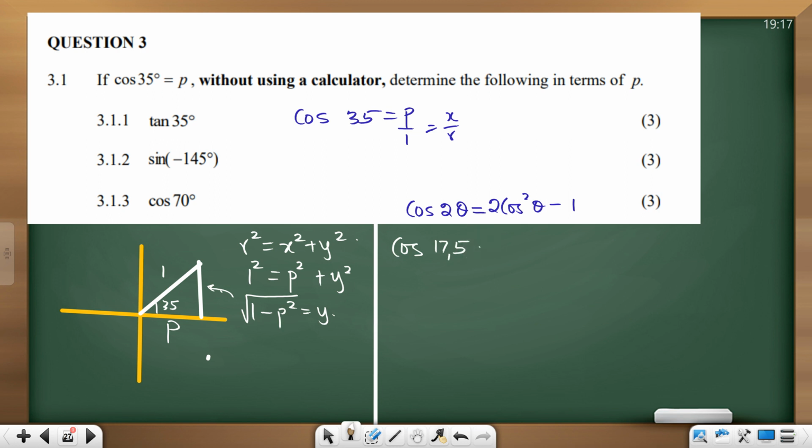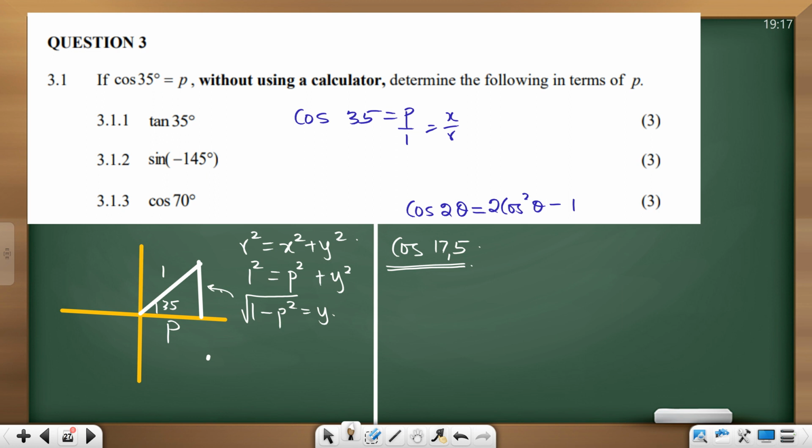What do we do? We want to find cos 17,5. We have cos 35. Cos 35 is P.